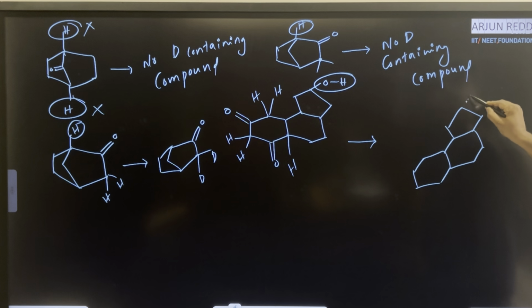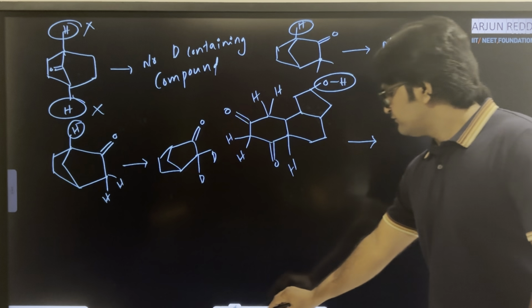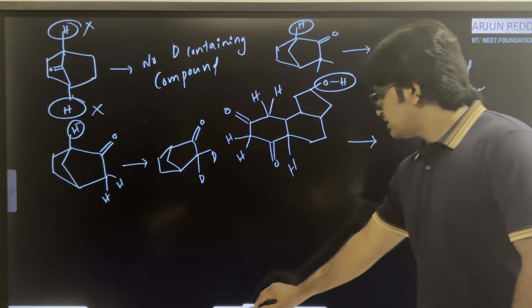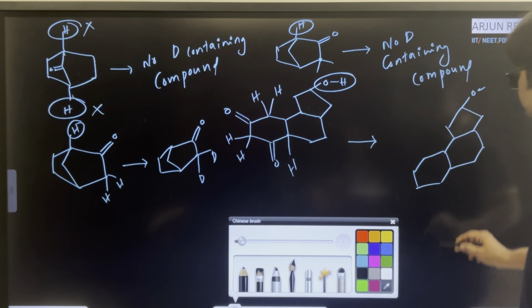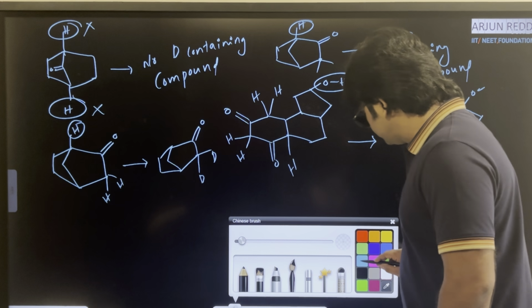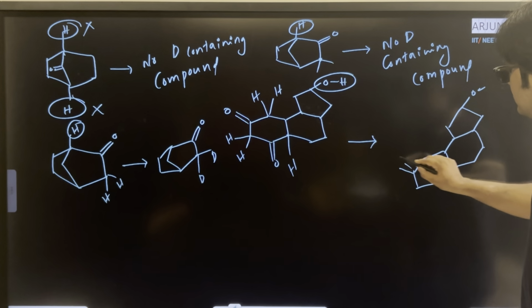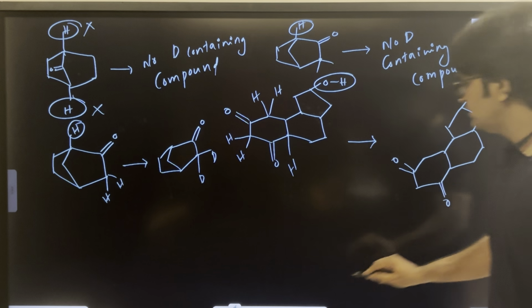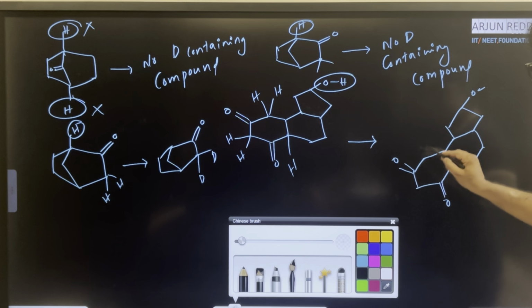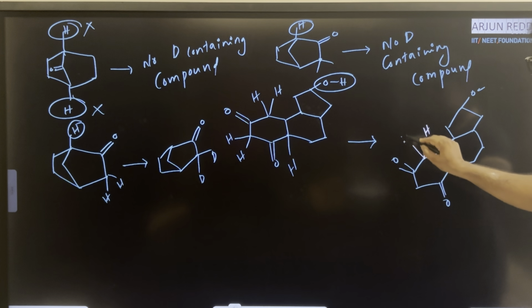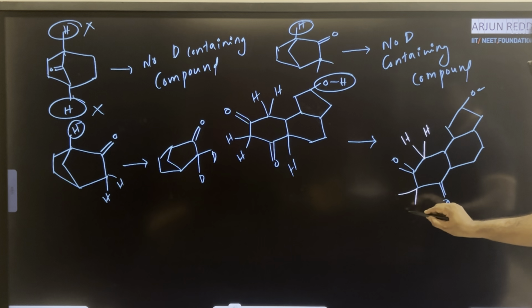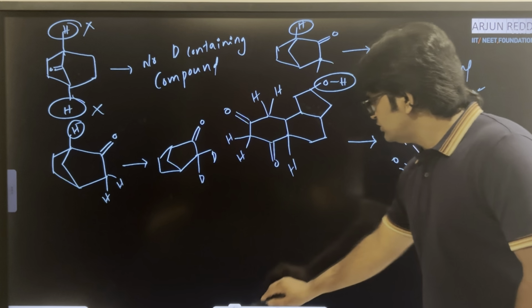I am writing O, and for writing deuterium I am using a different color. This is my carbonyl, again carbonyl. Now these are the 2 hydrogen atoms, again 2. Let me write deuterium.